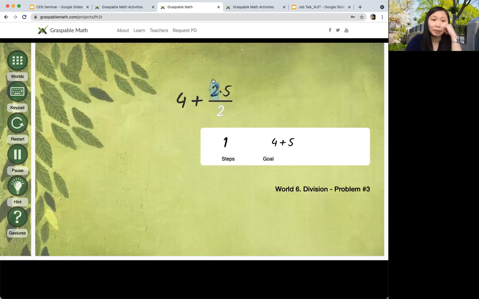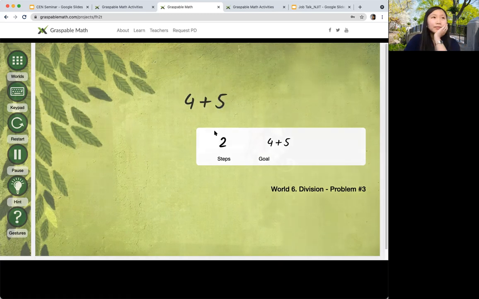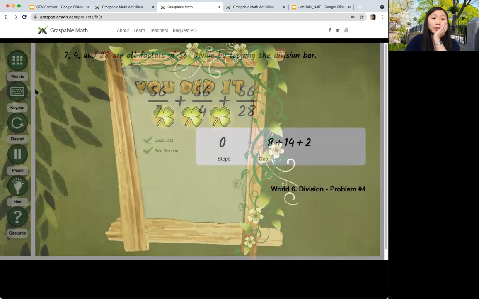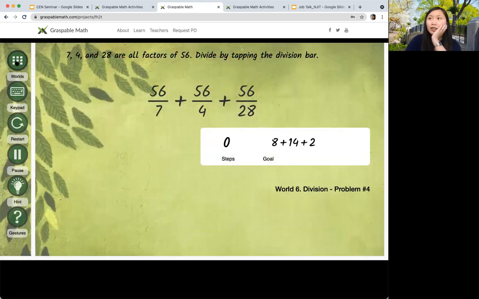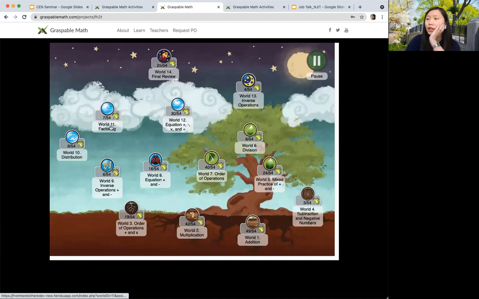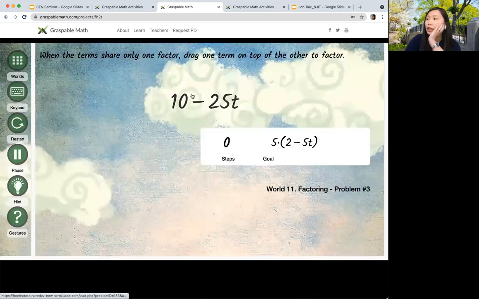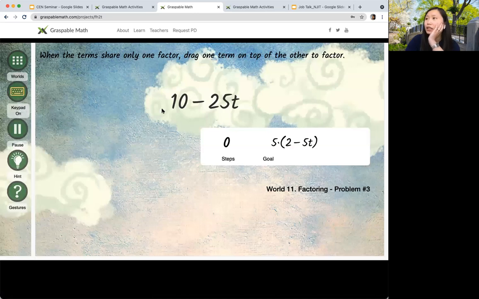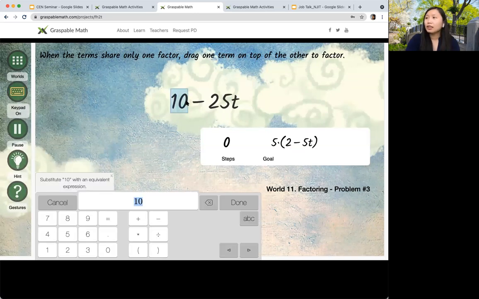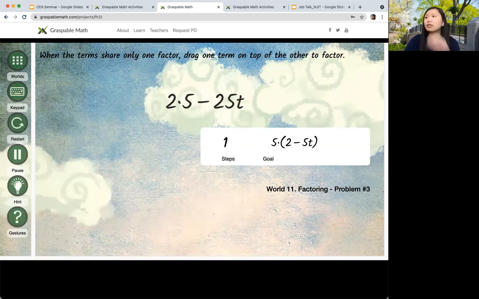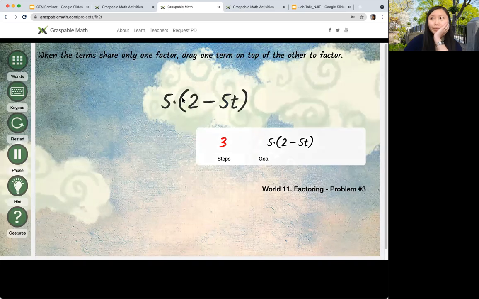You can also drag the numbers to cancel out the two. And there are also distributions and factoring. Let me see. In the factoring world, we have here decompose 10 into 2 times 5. And then we can drag the 5s on top of each other and get the 5 out that way. Lovely.